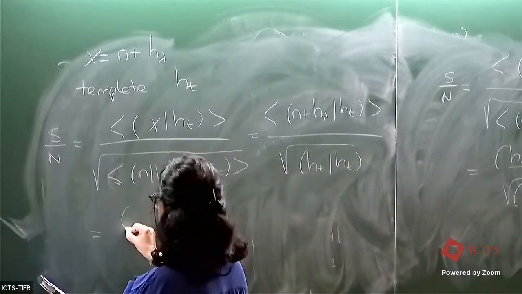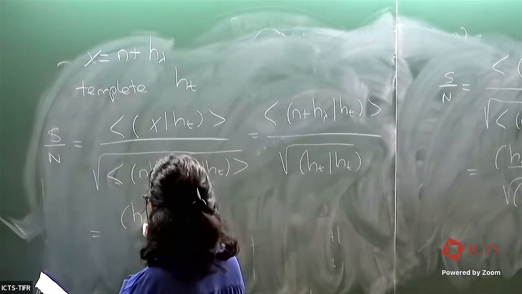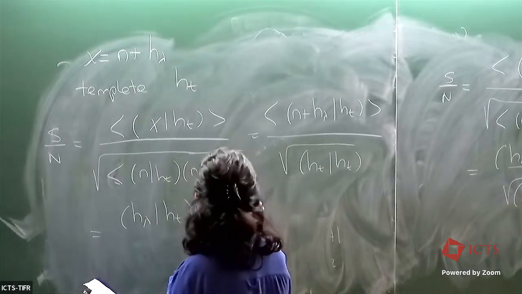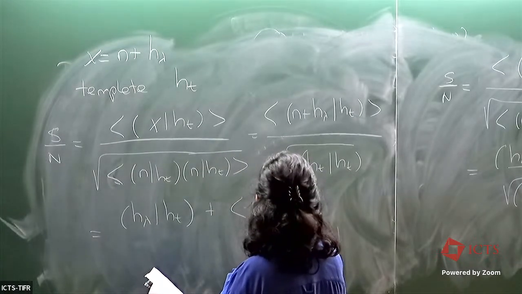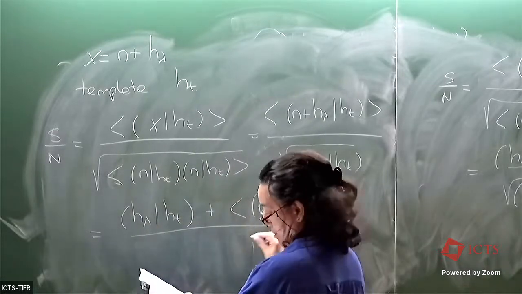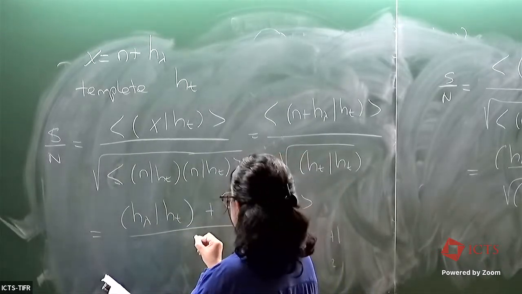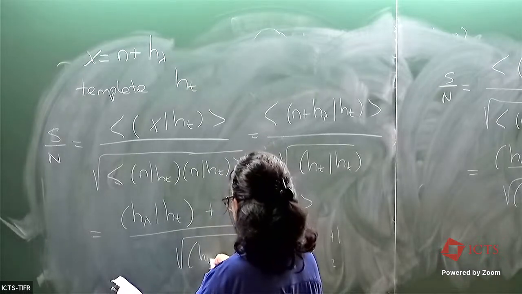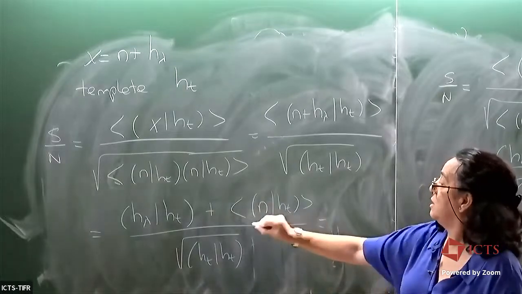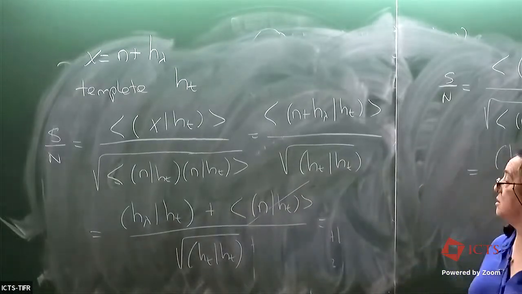Again, this is then h lambda, h template plus n h template, h template, h template. I hope you can follow. This is again zero.